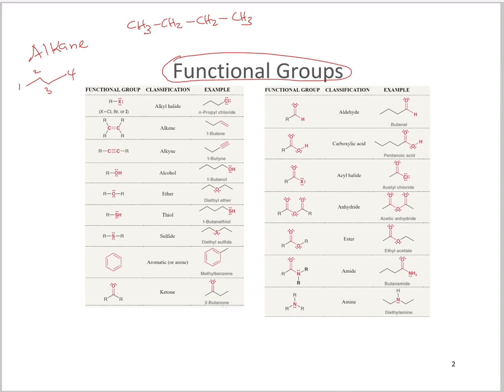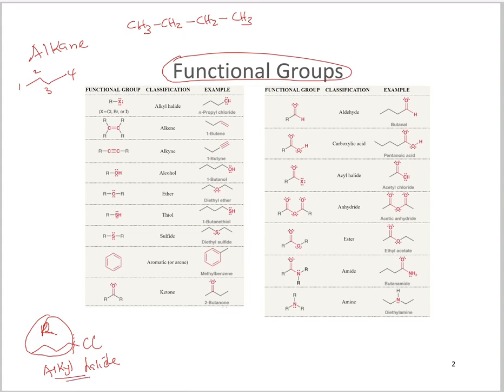We could have an alkane attached to another compound, like this one here. If it's attached to a halogen, we call this an alkyl halide. The alkyl group is the one that comes from the alkane.